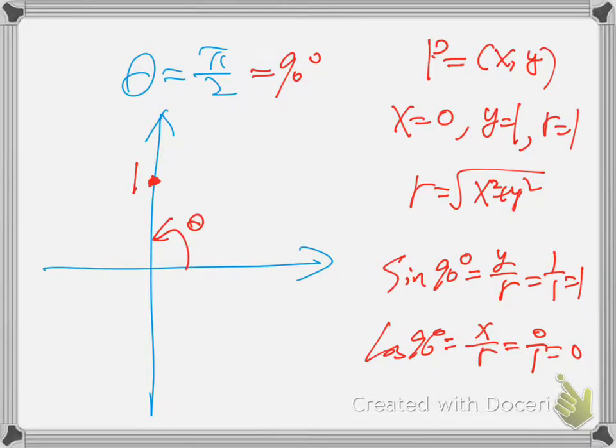Now the last case: you are given one of the trig values and more information about the position of the terminal side. So let's say sine theta is 1 over 2, and theta is in the second quadrant.